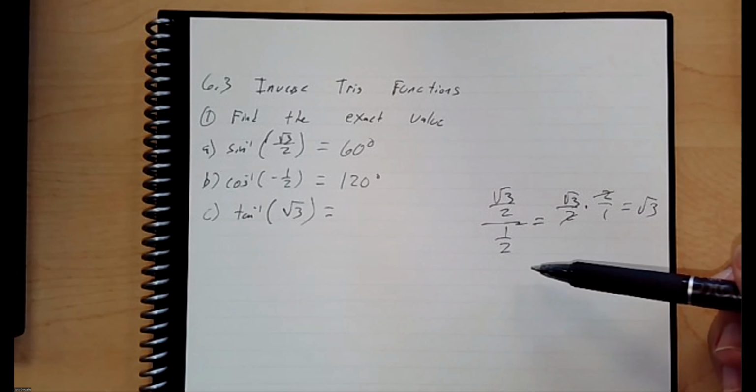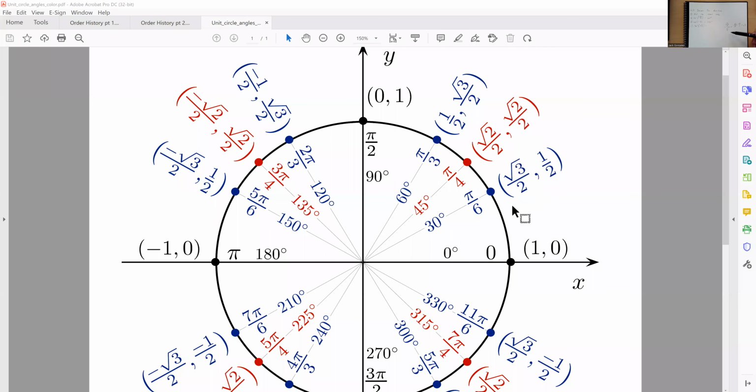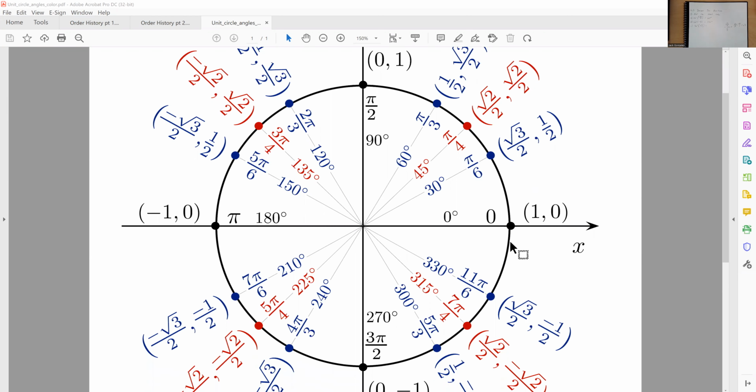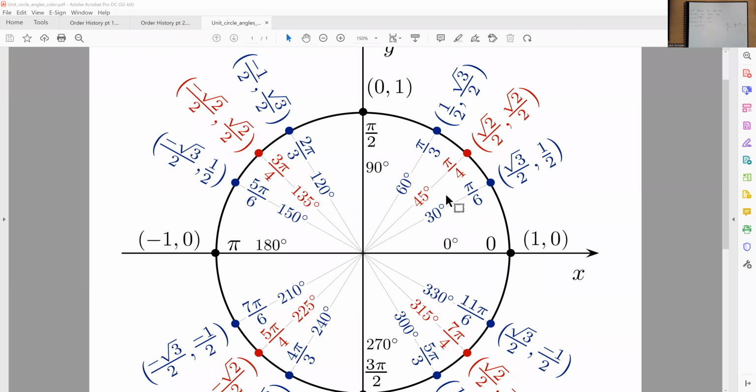So we look at the circle. Tangent is equal to sine over cosine. So sine needs to be root 3 over 2. Where is root 3 over 2? Yeah, for the y it has to be this one, and this for x.